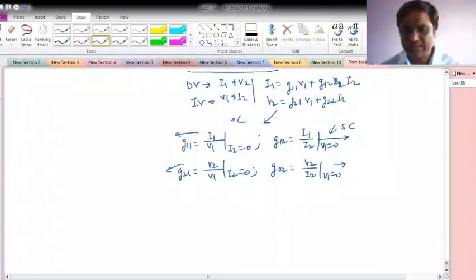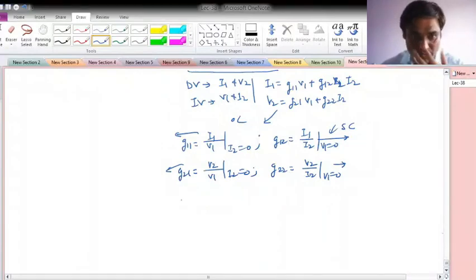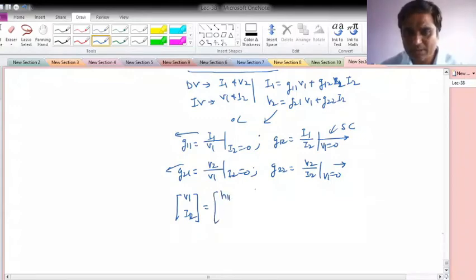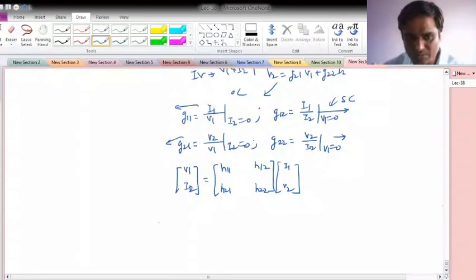Let us write the H parameters in matrix form. So V1 and I2, which were the dependent variables for H parameters, with the parameters H11, H12, H21, H22 and independent variables I1 and V2. Now what I want are the inverse parameters, so you take the inverse of it.